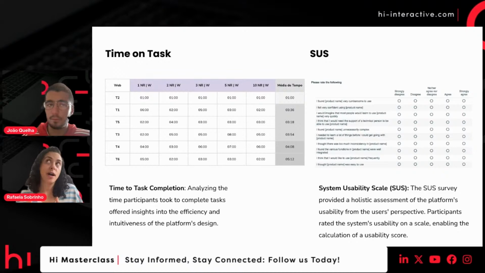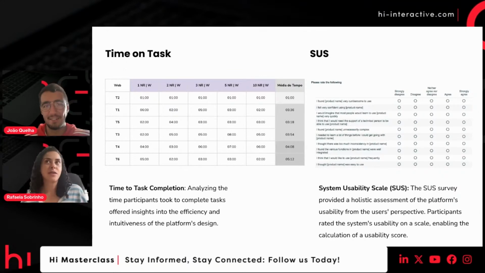The idea is to try to understand how they feel and think about the application, especially at the end of the test, because they pass through the whole platform and can tell us if it was difficult or easy. But it's interesting because sometimes, as I said, they have the feeling that it was easy, but actually the metrics were the worst ever, and the user thinks it was fine.